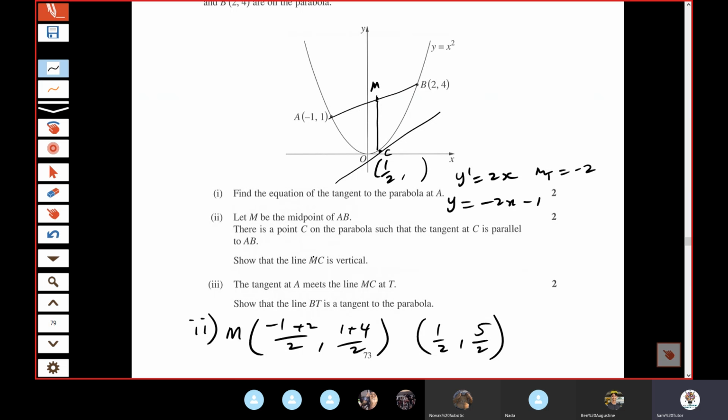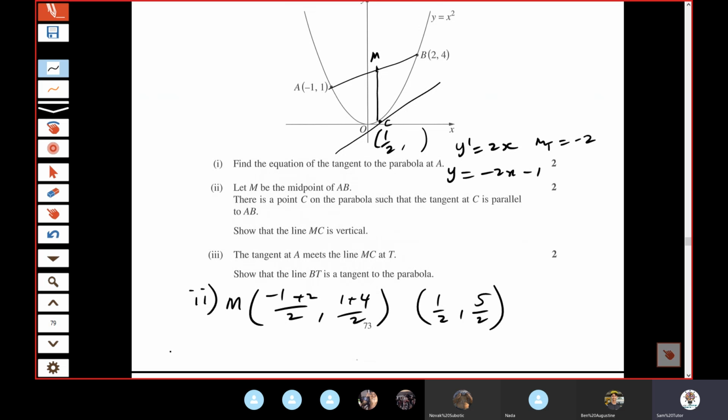Find the gradient of AB. Correct. Find gradient of AB. Y2 minus Y1 on X2 minus X1. I'm trying to show you guys the answers in front of you. You're just thinking about it too much.